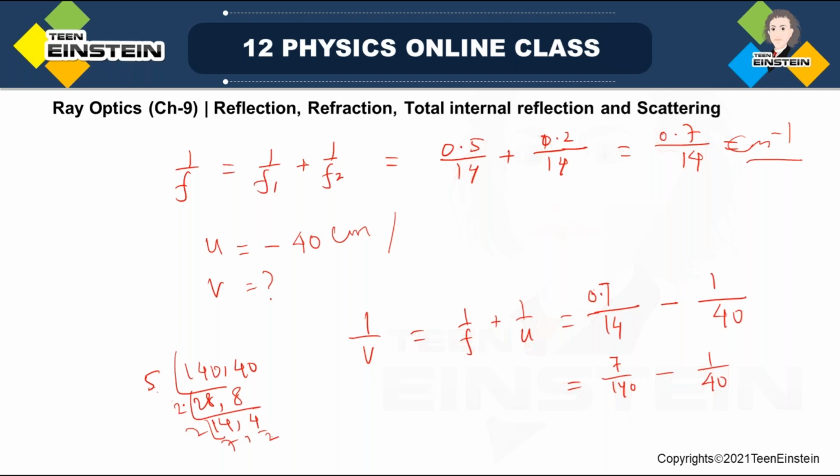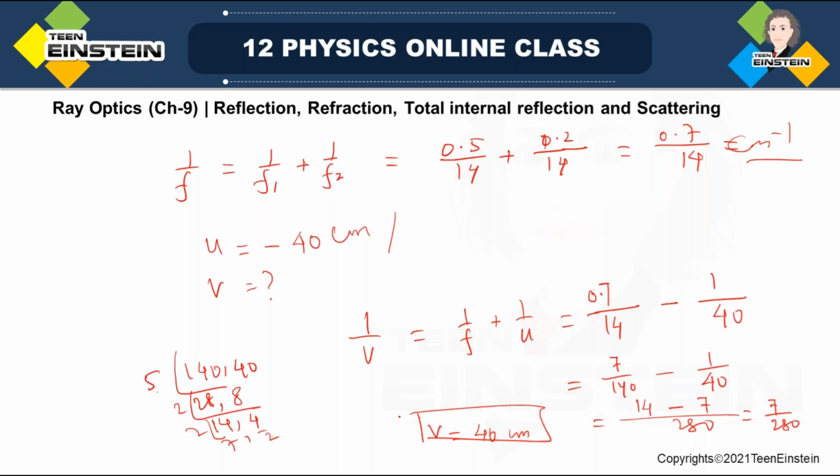So 5 2's 10, 20, then 40, so it will be 280, so this is 14, and this will be 7, so 7 by 280 per centimeter, so v will be 40 centimeter itself. Okay, so v will be 40 centimeter.